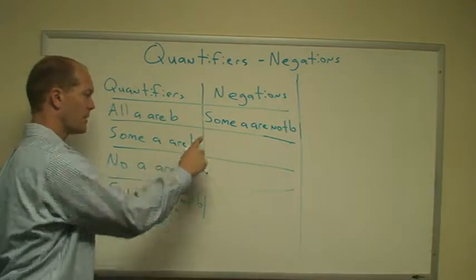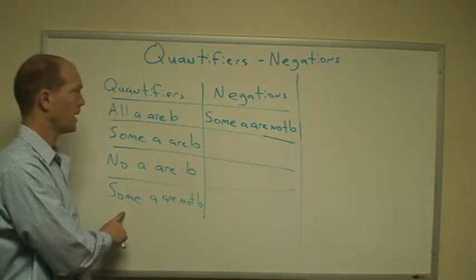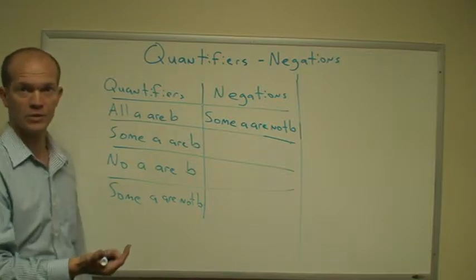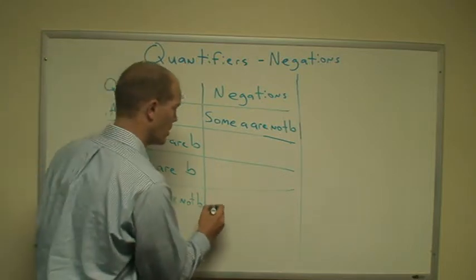Noticing that "some A are not B" is in fact one of the other quantifiers we've used previously, and noting that the negation of a negation is back to the original statement, the negation of "some A are not B" must be "all A are B."